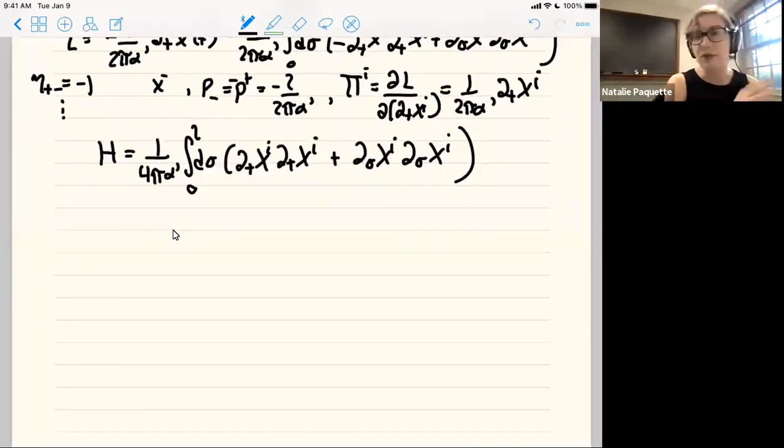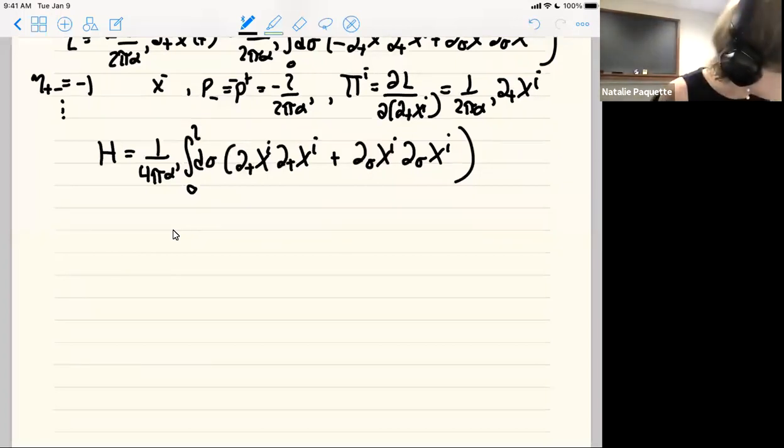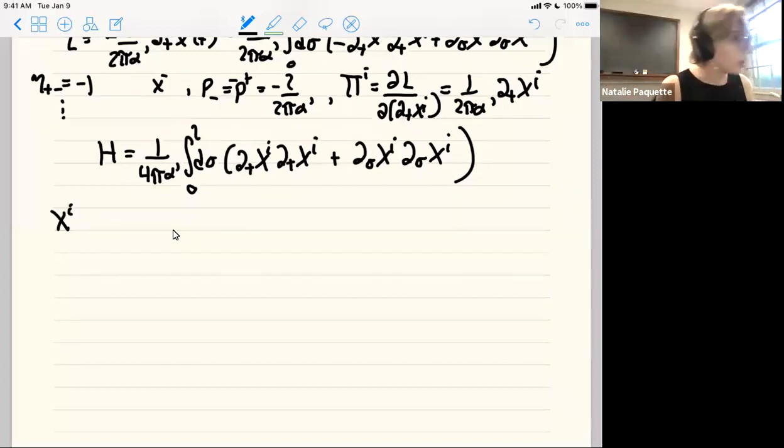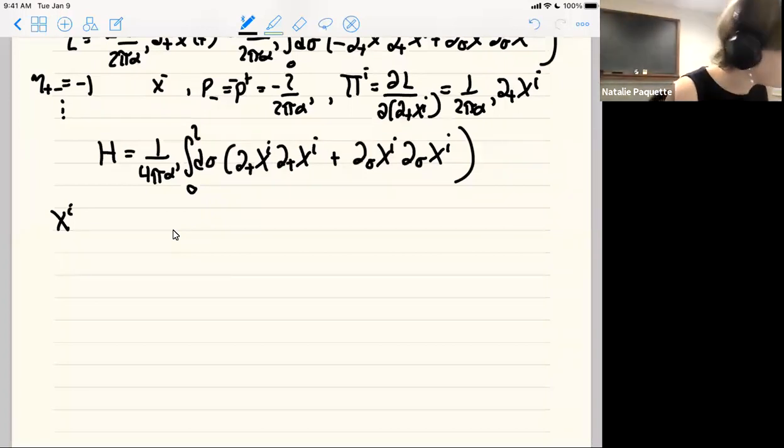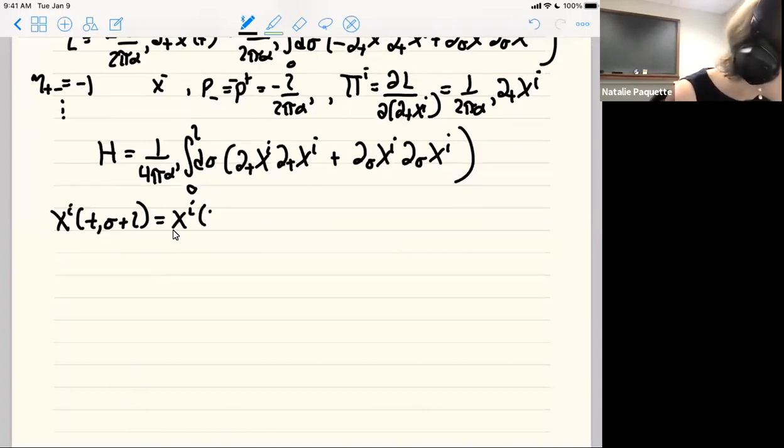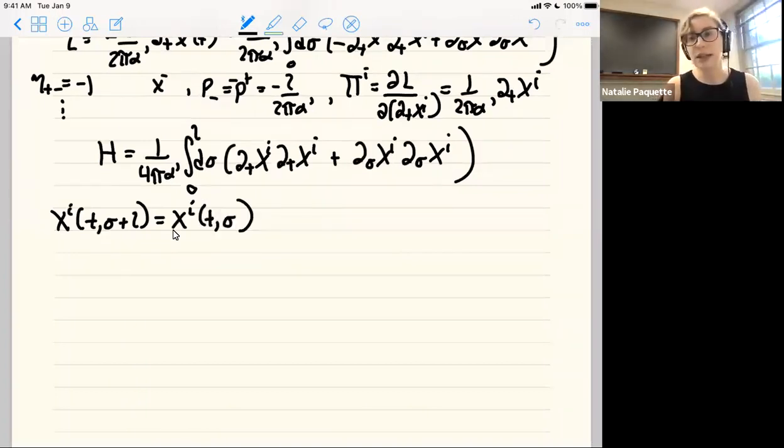Okay, so let's proceed from here and start preparing for canonical quantization, as we all love to do so much. It's convenient to take our remaining scalar fields, the capital Xi's, and split them up into their left and right moving parts, and write them in a mode expansion. Since we're dealing with closed strings primarily in this lecture, we have to impose the condition that our mode expansion is consistent with the periodicity of the closed string.